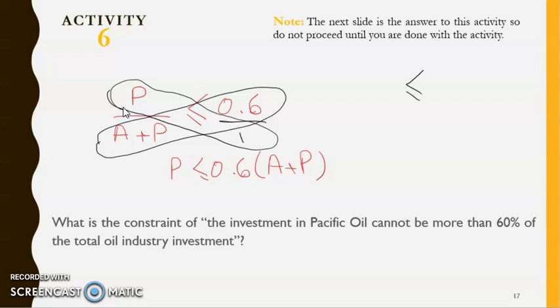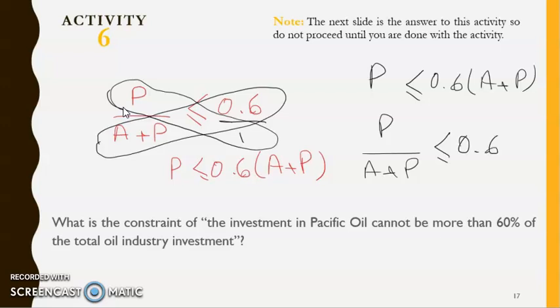So when you have P multiplied by 1, you get P. And here, you have the multiplication of 0.6 times A plus P. If you are confused with this relation, forget about it. Just write it as simple as possible, like this: P over A plus P, smaller or equal than 0.6. The reason I put more explanation on this is that usually I receive some messages from you saying that I did it this way. Is there any problem? No, it is even better.